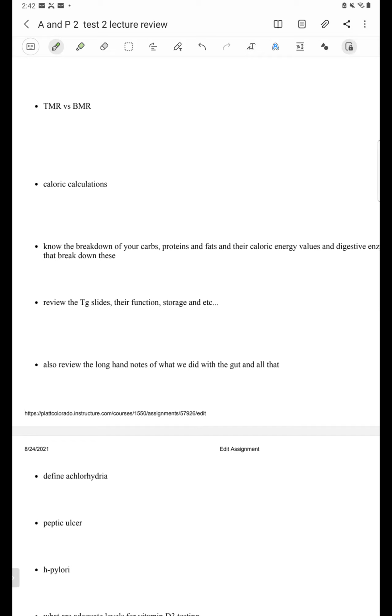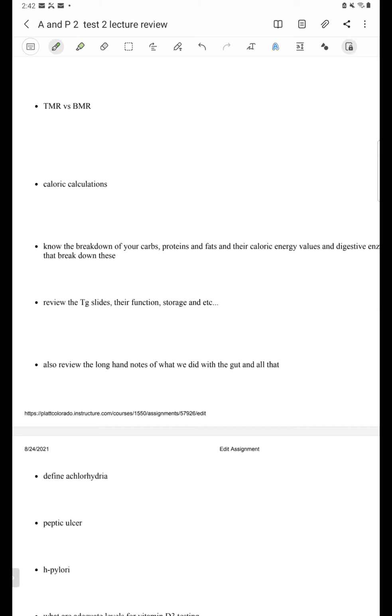Your total metabolic rate, which is your TMR, has to do with how active you are. Everybody has a BMR. If everyone is sleeping or in a comatose state, everyone has to have some energy to sustain the vital stuff. Once you wake up and go about your day, everybody's different.